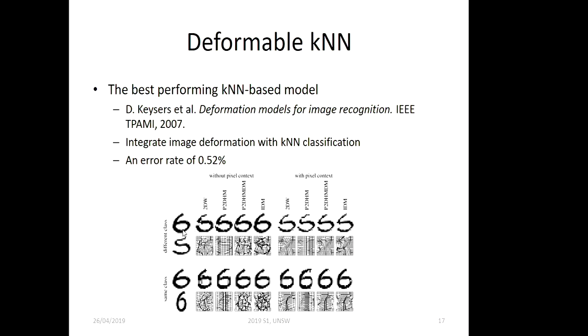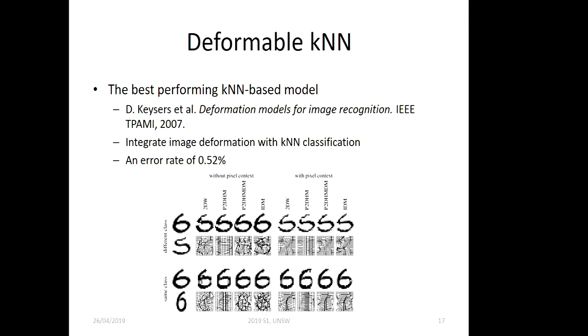You can deform those images a little bit. For example, if this 6 is the template image and this one is the test image, and you want to consider the similarity between these two images, you can first deform this number towards the template.